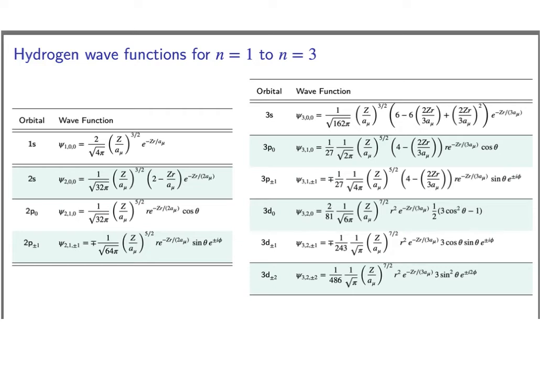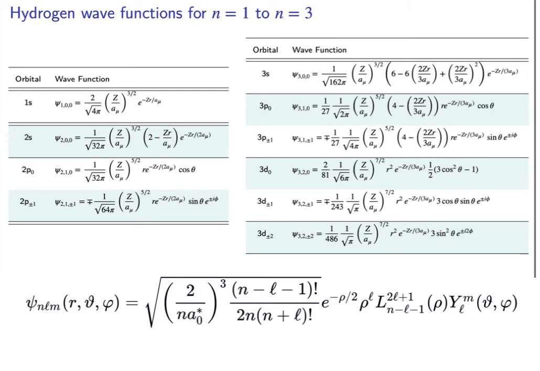Now, the general solution for the wave functions of the hydrogen atom can actually be written down in a single, relatively concise form. You'll notice there are 3 subscripts here, and that's because the wave function depends on n, the energy level, L, the orbital angular momentum of the electron, associated kind of like with a planet's angular momentum as it orbits around its sun, and m, the intrinsic angular momentum of the electron, which is what we call spin.